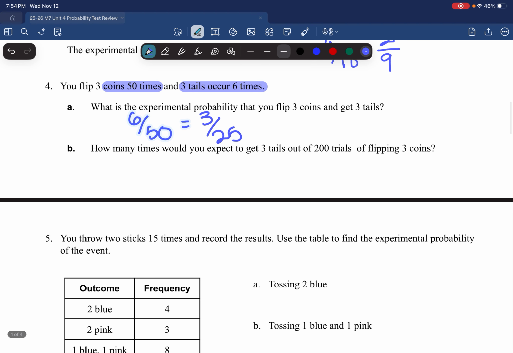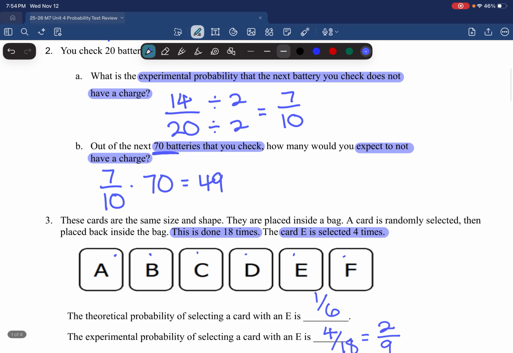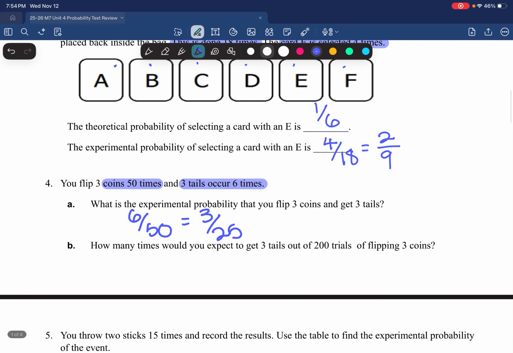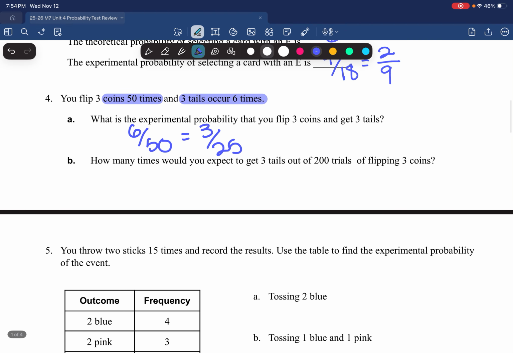All right, how many times would you expect to get 3 tails out of 200 trials of flipping 3 coins? This is the same as the previous question at B, where you get your experimental probability and then multiply that by the number of trials we're doing. 3/25 times 200, I'm just going to plug that into my calculator right here.